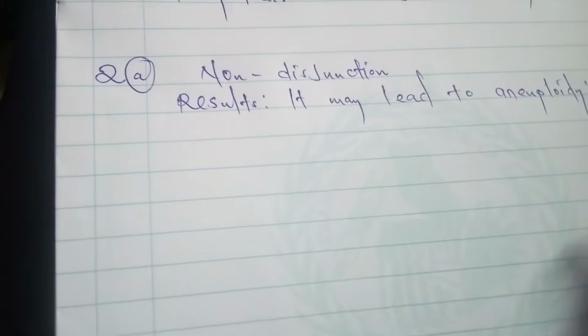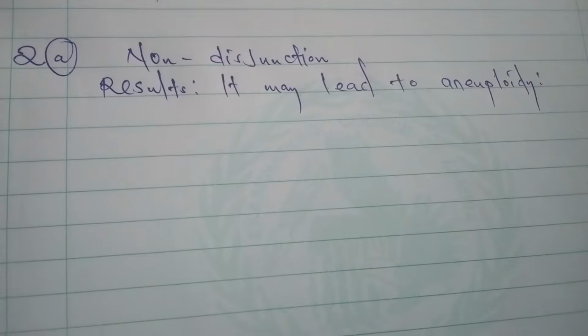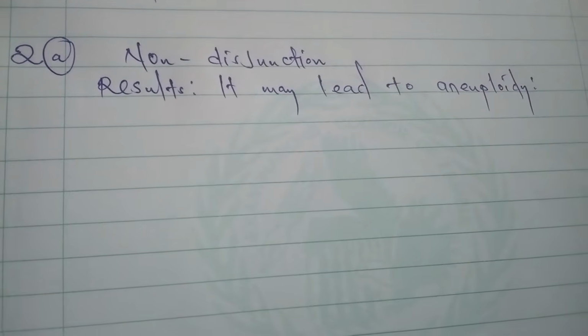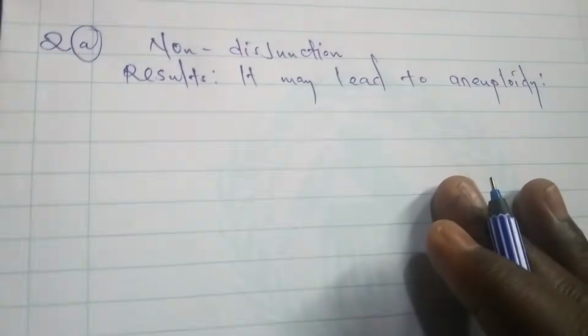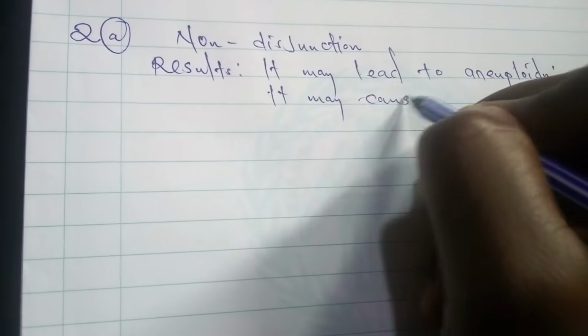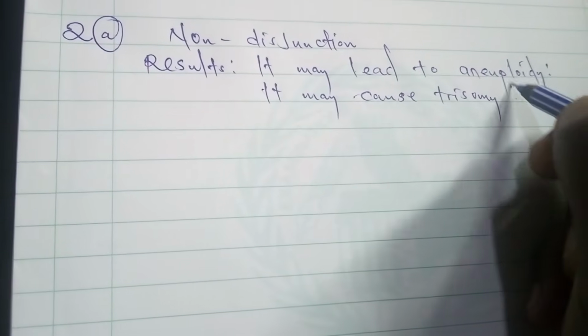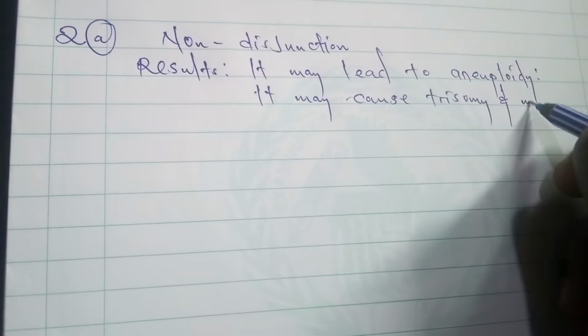That is the disorder where an individual has an extra or missing chromosome. Another thing is that it may cause trisomy and monosomy.